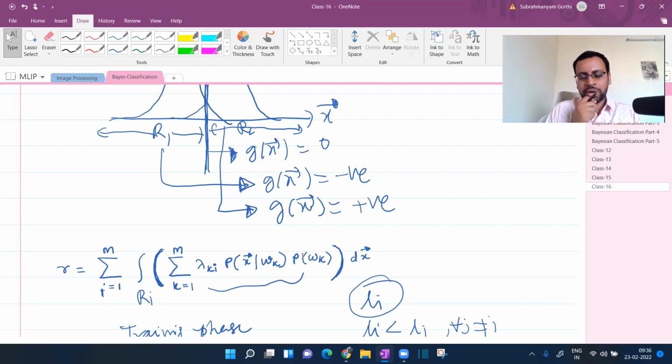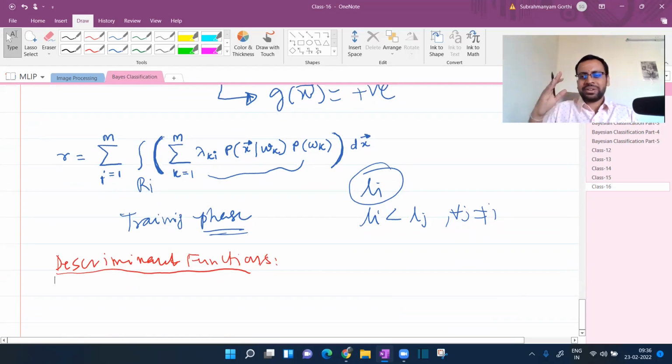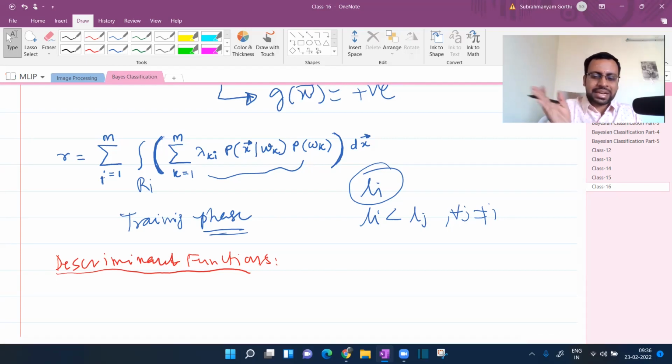Instead of that, people take a slight deviation from this whole process of computing and having a base always in probability, and calculate them based on some function.